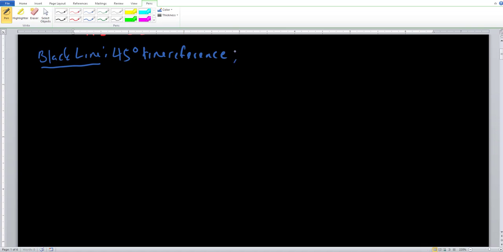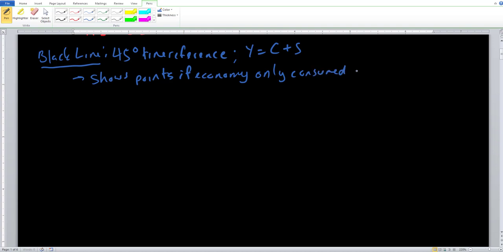So here, we can basically say Y equals C plus S. This equation has to hold with equality no matter what. And this black line shows points if the economy only consumed and did not save.